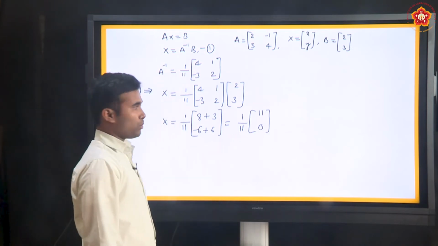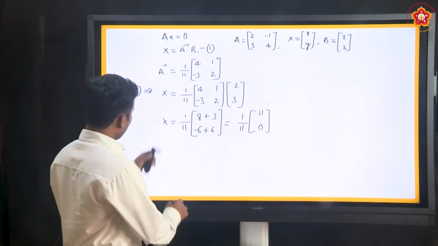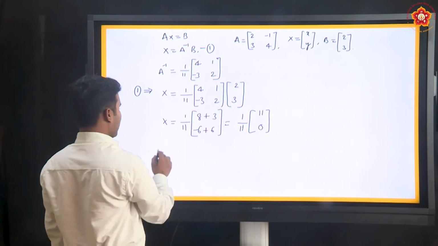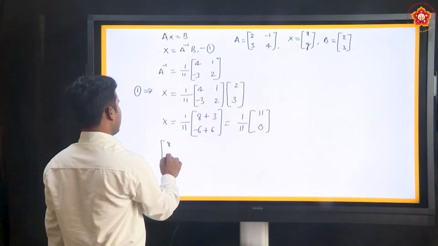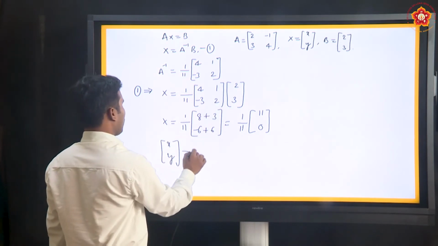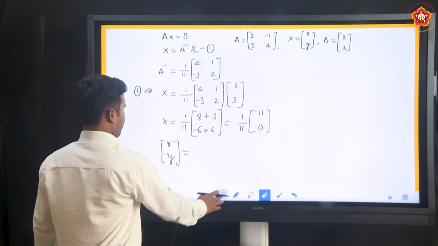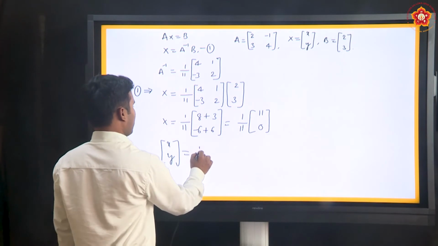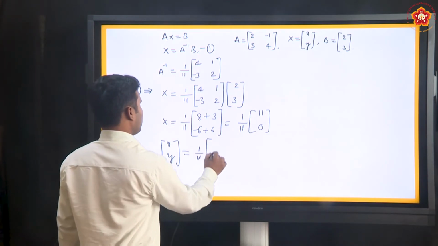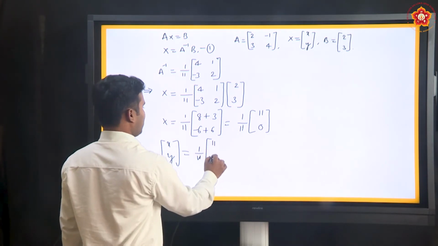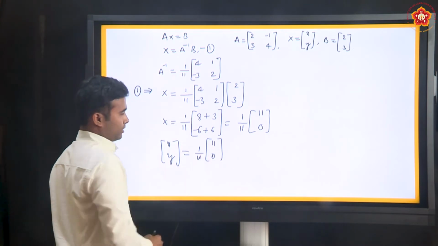So, we end up with 0 for that entry. And what do you have on the LHS? What is X actually? X is the column matrix xy, which is equal to 1 by 11 into matrix 11, 0.